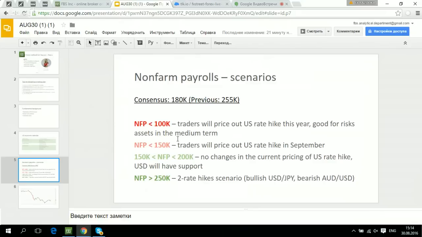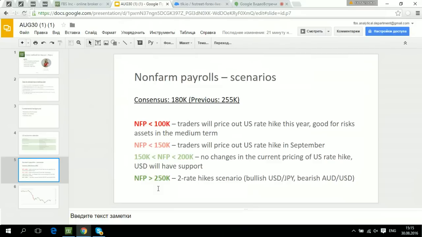So even though NFP may fall under some of these scenarios I have outlined, we will need to add data of average earnings and unemployment rate to make our picture, our scenario more full and for it to be more real and to reflect the real market situation better.